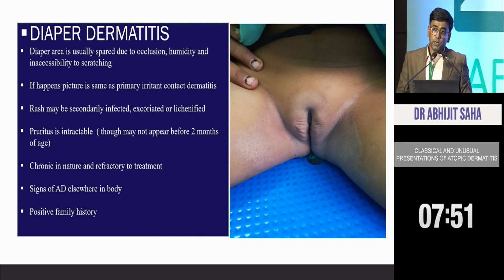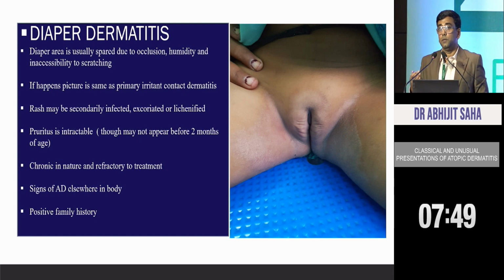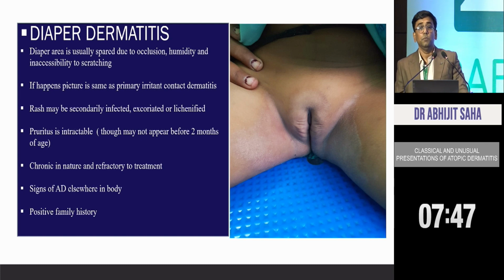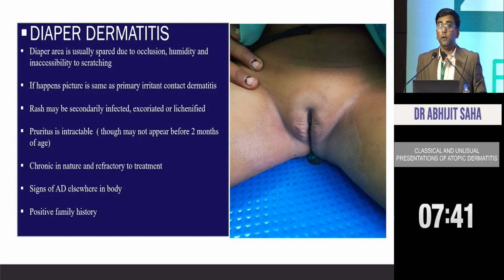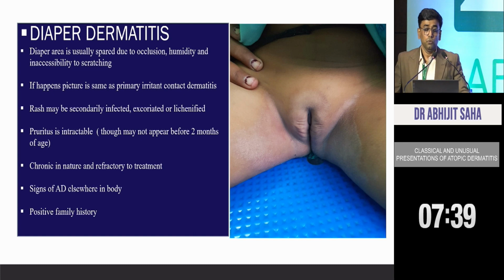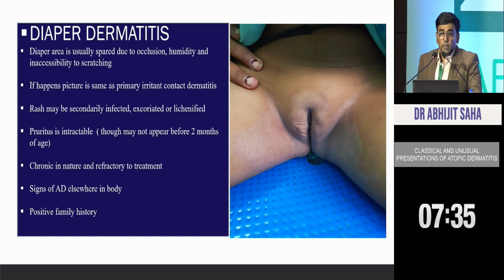Diaper dermatitis as a presentation of atopic dermatitis is extremely rare. Why? For the simple reason that this area is occluded, moisture is too much, and it is inaccessible to scratch. That's why diaper dermatitis as a presentation of AD is extremely rare.